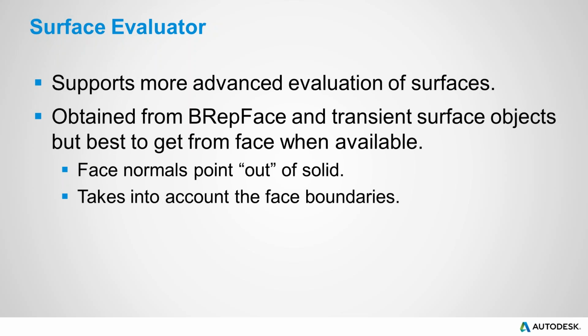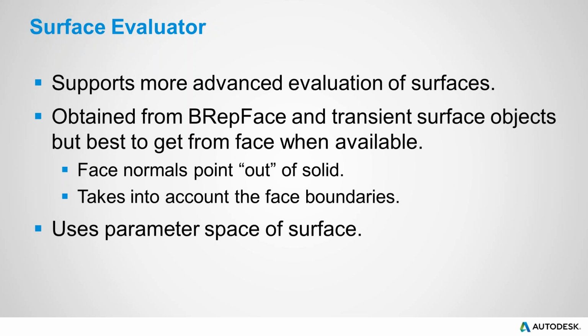So now when I do queries using that cylinder, it's going to be different than when I queried the face, because now it doesn't know which direction to point the normal. Either one is valid, and it's not bounded anymore. It's an infinite cylinder. So it's best to get the surface evaluator from the face and do queries on that.